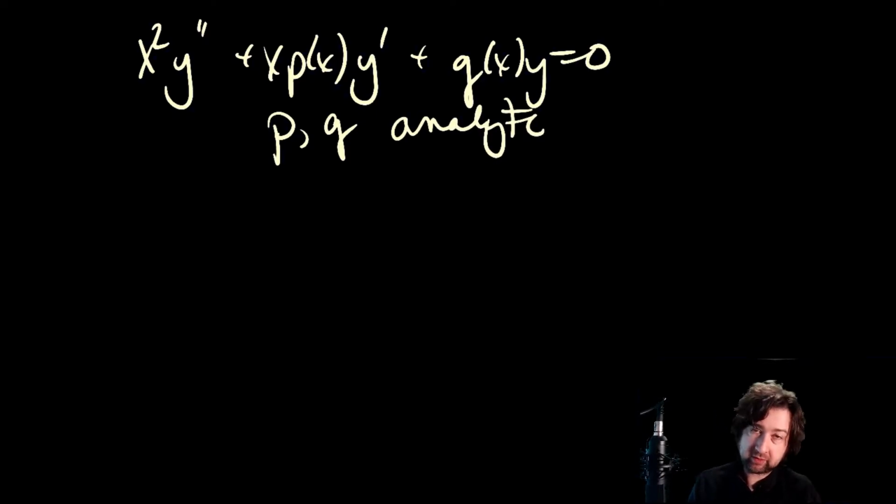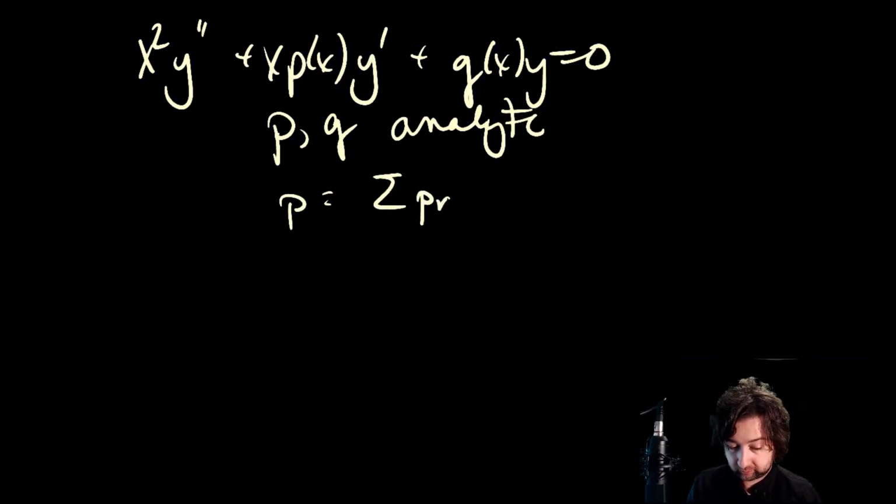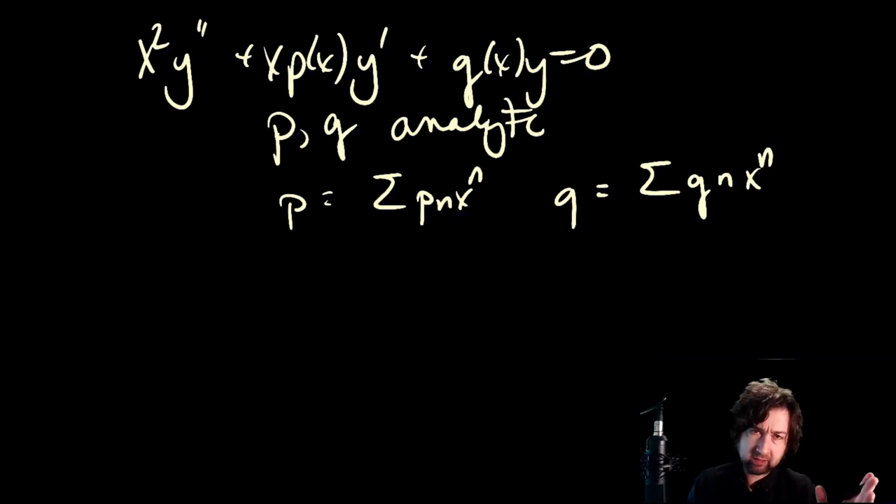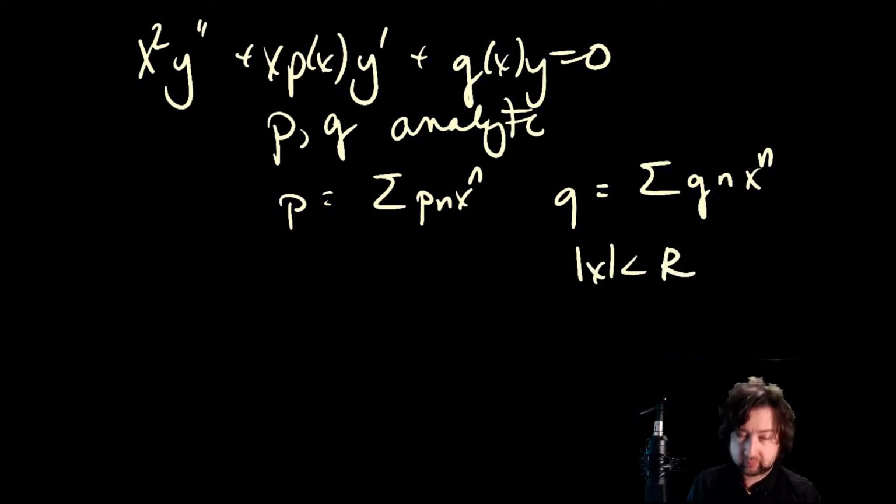Remember, that means that p and q have power series representations for some radius of convergence which is positive. If we have this setup, then we can use the Cauchy-Euler indicial equation to figure out what the solutions look like in at least one case.